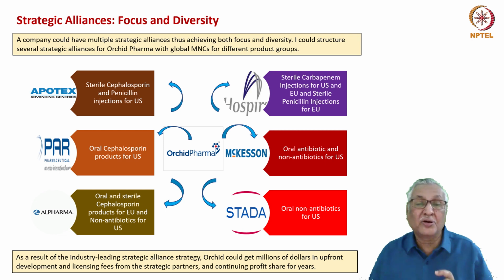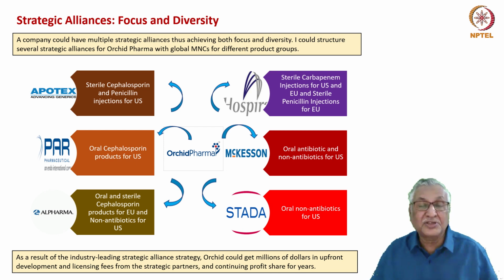So one company, Orchid Pharma, could tie up with 6 global majors in the generic space, covering oral and sterile products in the antibiotic and non-antibiotic space, and in different kinds of dosage forms. And that is the power of strategic alliance for a company which has a value chain which is diversified and unified in certain parts of the overall value chain.